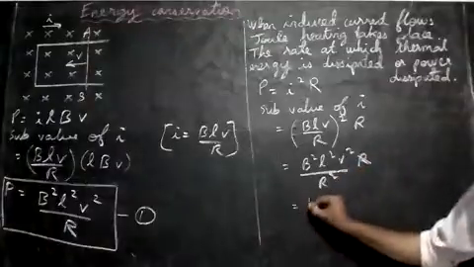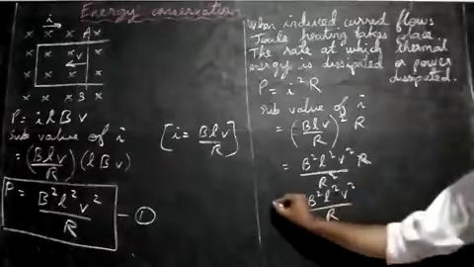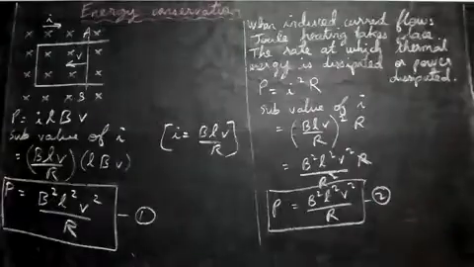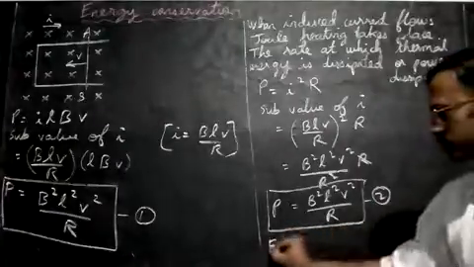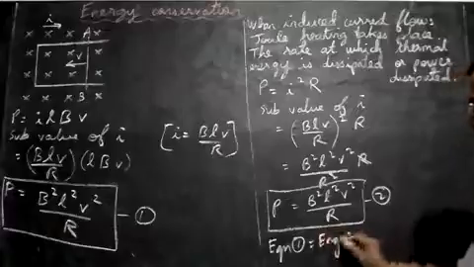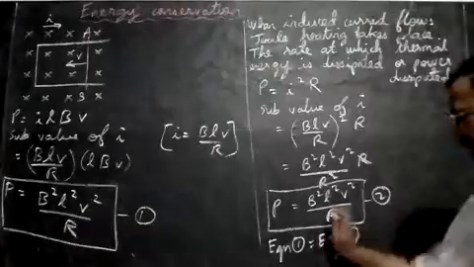So we get here B square L square V square by R. So this is the power here. Let's write this as equation number 2. So equation 1 is equal to equation 2.